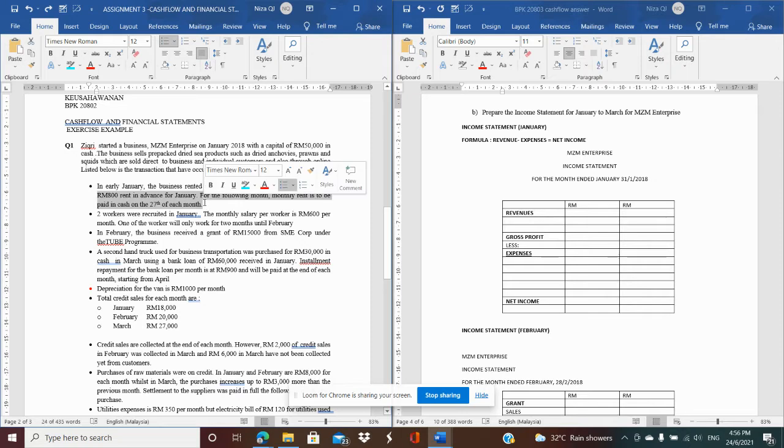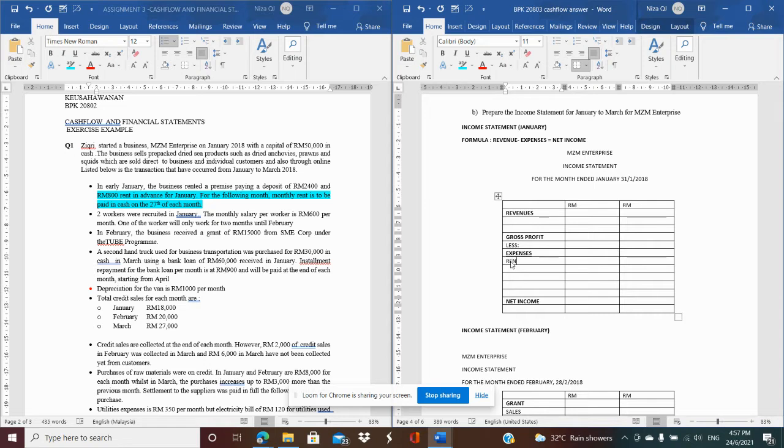So in January there will be rent expense. Although it is paid early in January, the lease is due at the end of January, so you have to record it in January as an expense.